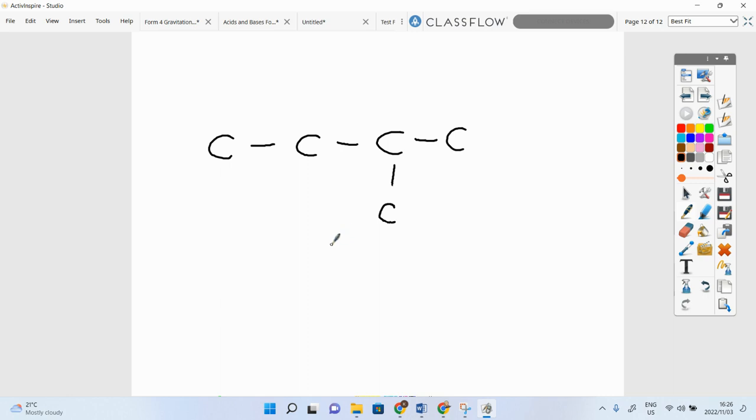Your first job is still to count the carbons, but now you just have to tell yourself, count the carbons in the longest chain. Because there's a chain and there's a chain. So you can go 1, 2, 3, 4, or you can go 1, 2, 3. So which one is the longest? 1, 2, 3, 4.